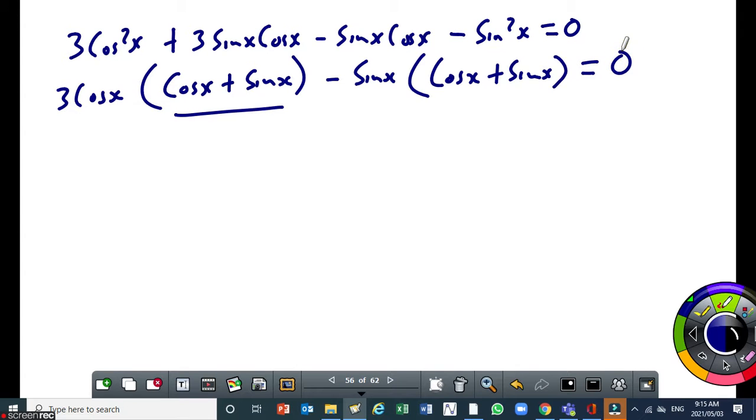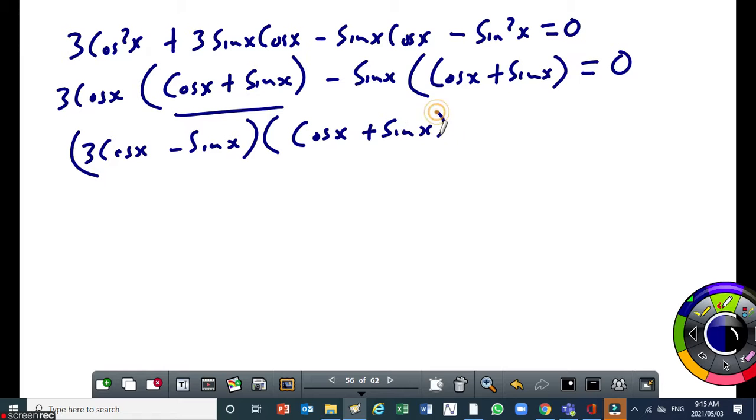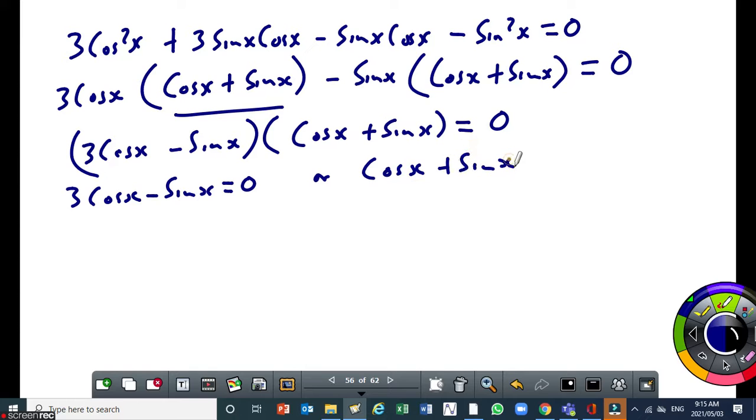Okay? Then factorize here, I'll get 3 cos x minus sine x times cos x plus sine x equal to 0. And this will give me 3 cos x minus sine x equal to 0, or cos x plus sine x equal to 0.